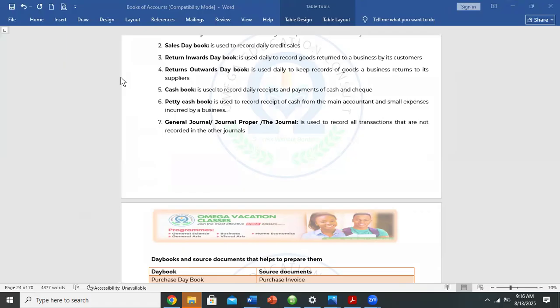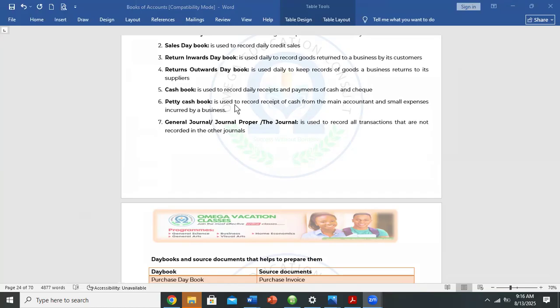Okay. And the petty cash book is used to record cash received from the main cashier to be able to settle small expenses. So it normally records cash received from the main cashier. We call that cash imprest. So when we go to that book, you would appreciate this concept. And then it is used to pay for small expenses, expenses that reasonably you will not get receipts for, like taking a taxi from your workplace to maybe the bank.